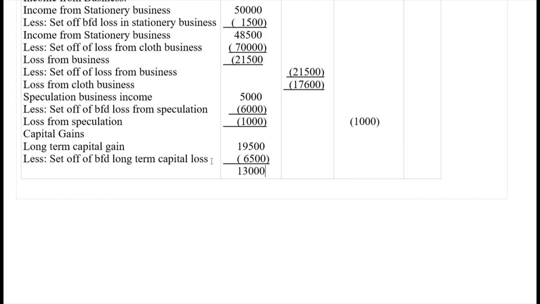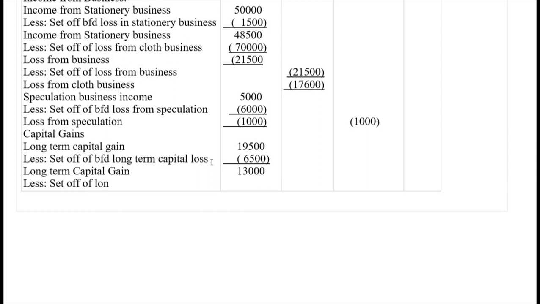This is long-term capital gain against which less set off of long-term capital loss.